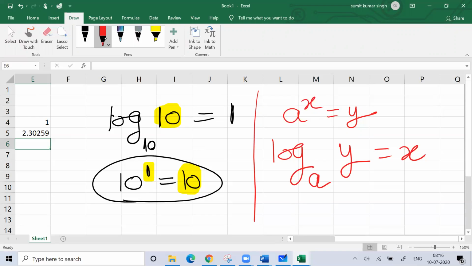Basically, last class we did indices, powers and all. We talked about power. So the reverse of power is basically logarithm. The inverse of working on power is working on logarithm. So you can either write it this way or this way.